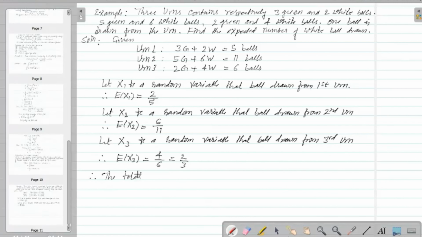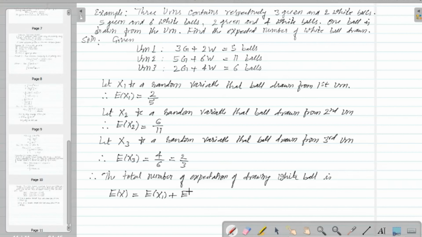the total expectation of drawing a white ball is given by E of X equal to E of X1 plus E of X2 and plus E of X3.